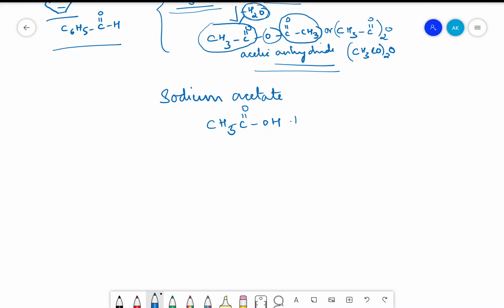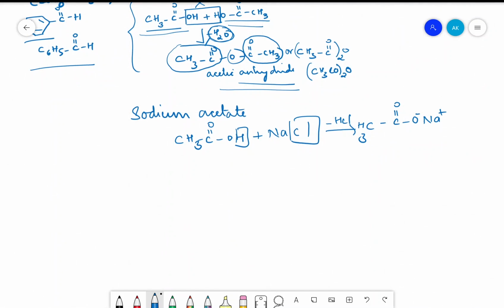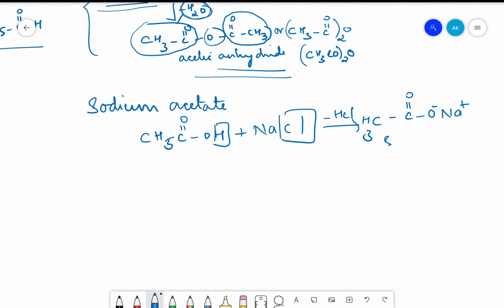This combines with NaCl. H and Cl will be removed as HCl. The leftover part is CH3 C double bond O O minus Na plus. This is a salt form. It is called sodium acetate.